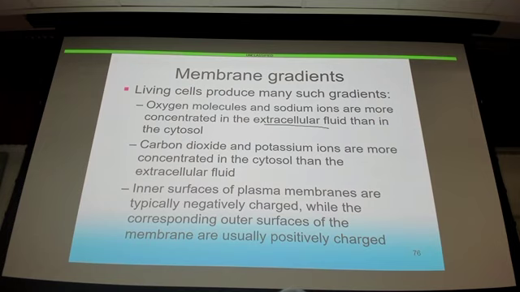We're going to keep going through that. Also, we haven't discussed it a whole lot yet, but the inside of the plasma membrane is typically negatively charged.